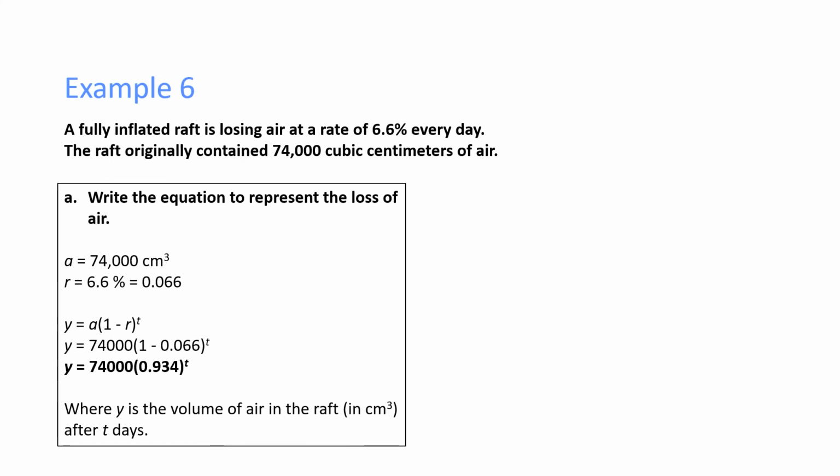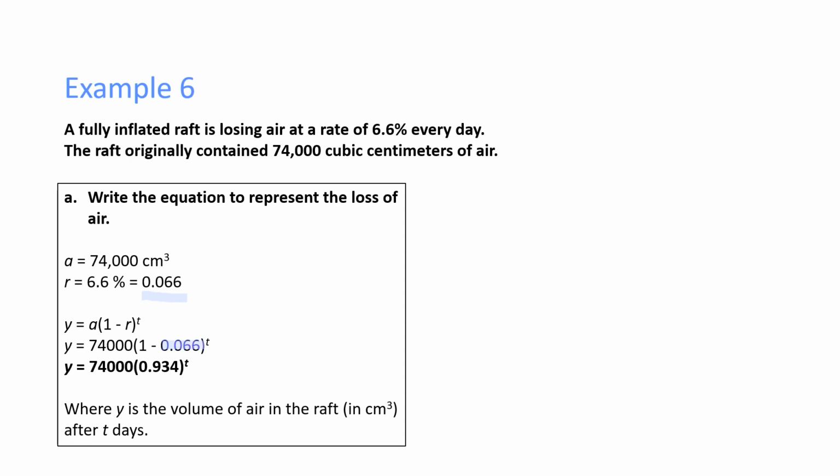So here we have the initial amount a of 74,000 centimeters cubed. r, in this case the rate of decay, is 6.6% or 0.066. So using the equation, we have 74,000 times (1 minus 0.066) to the power of t.